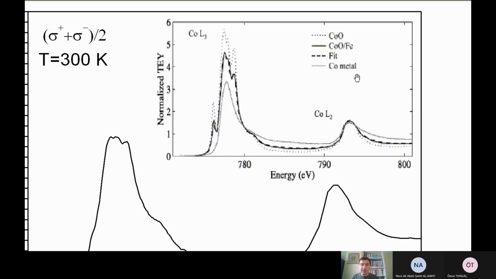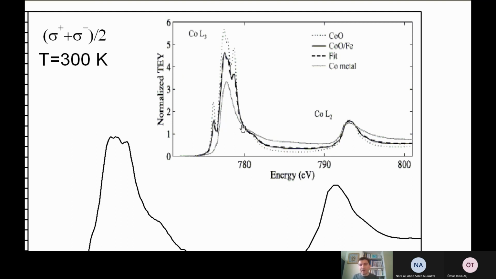What do you see here? If the cobalt is oxidized, you see some features around the cobalt L3 energy. You see there are some fine structures around the L3 edge. But if you are dealing with pure cobalt without oxidization, you see a peak without any structure.